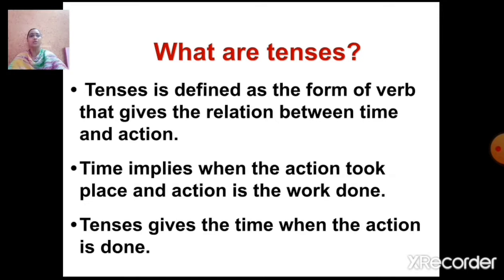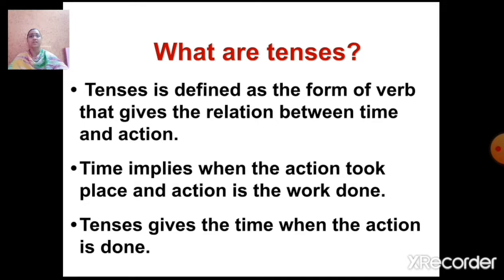We can also say that tense is defined as a form of verb that gives the relation between time and action. Time implies when the action took place, and action is the work done. In short, tenses give the time when the action is done.